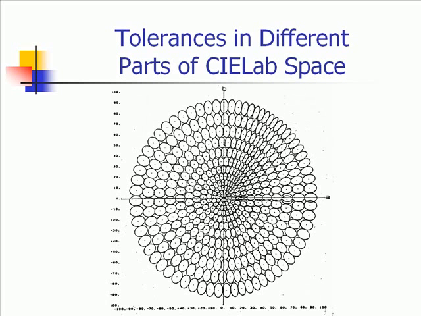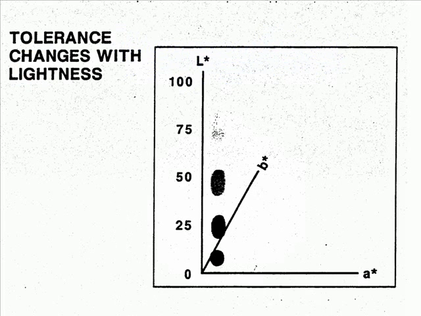Just in general, as we change lightness, the tolerance volumes change. So as you get darker, the volume gets smaller. So that means as you get darker, a smaller number that you get from the equations actually means farther away visually.